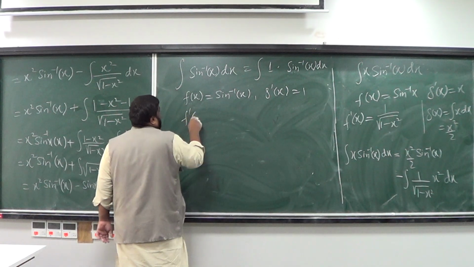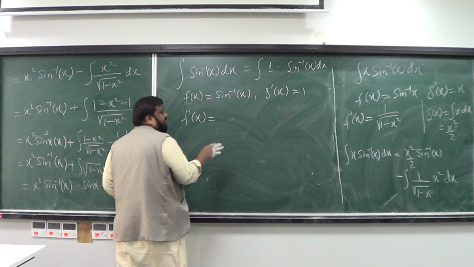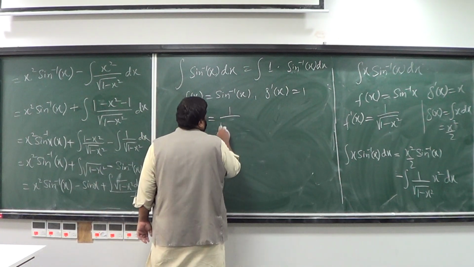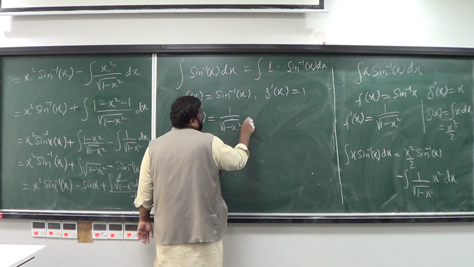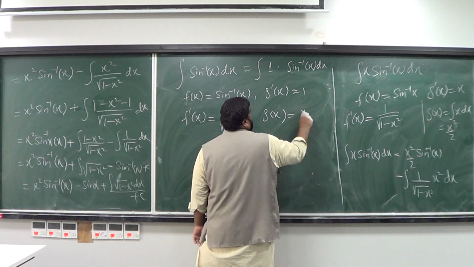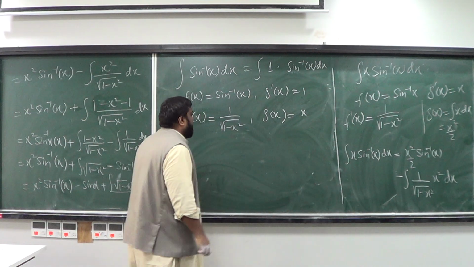So the f prime of x will become, and things will be much better in this case, 1 over square root of 1 minus x squared, and g of x, the integral of 1, is going to be x actually.